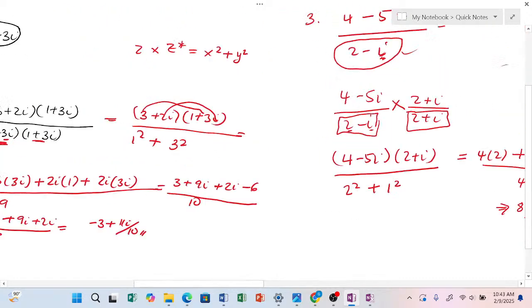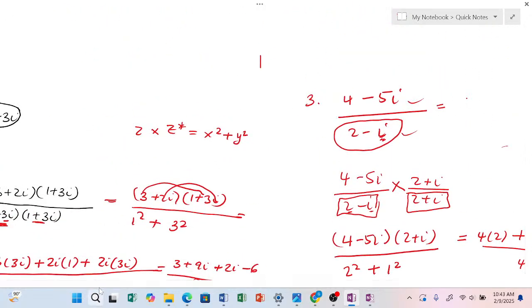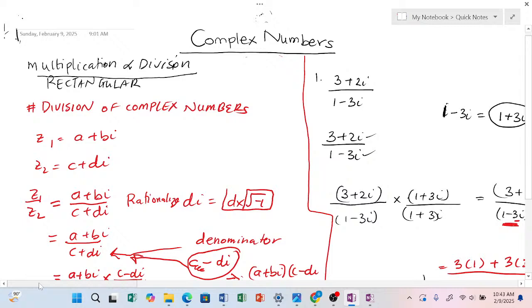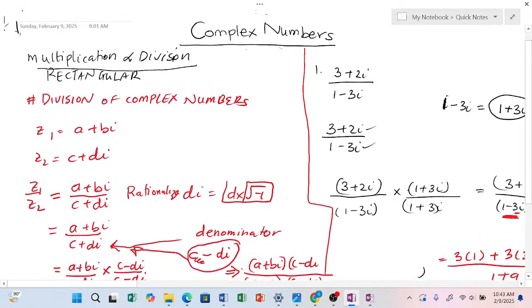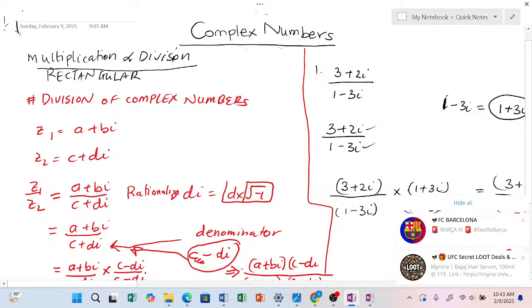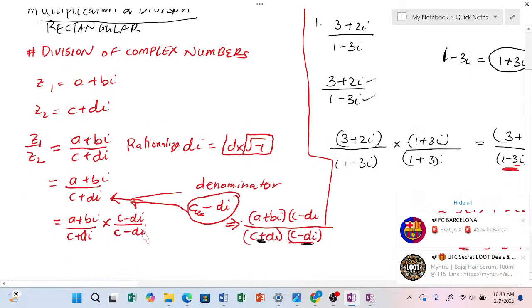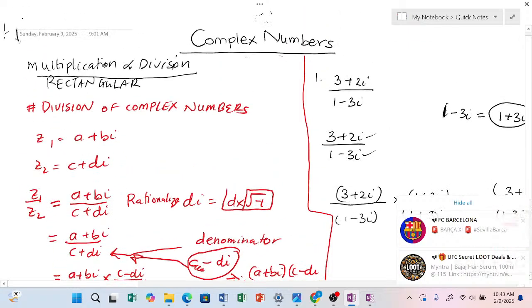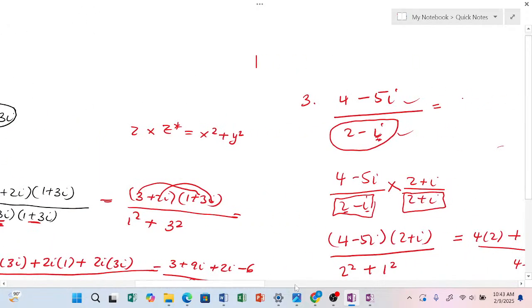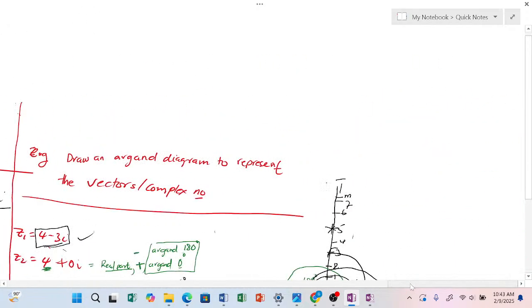So let's see a small recap of what we've done so far. I think here we started with the multiplication and division of complex numbers in the rectangular form. We looked at some theories and so on and so forth. So break is over. Let's continue.